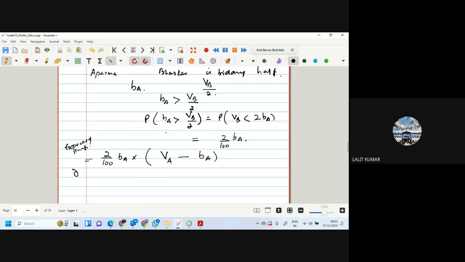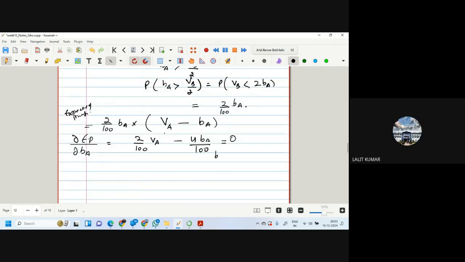Now take the derivative of the expected profit with respect to BA. It will become 2 by 100 VA minus BA square, which becomes 4BA by 100. You are doing differentiation only. Yes, this becomes 0. So here BA will become VA by 2.